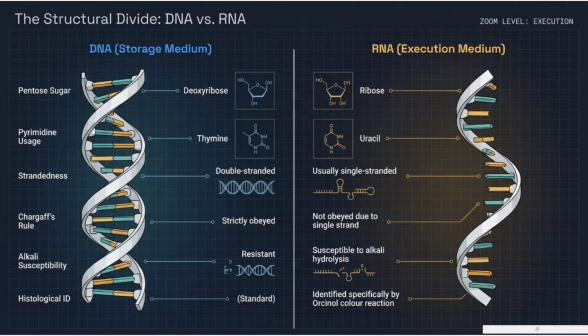Chargaff's rule is strictly obeyed in DNA, while it's not always obeyed in RNA. DNA is resistant to alkali because it lacks the hydroxyl group, while RNA is susceptible because of the presence of the hydroxyl group. The orcinol color reaction can be used to identify RNA, and this does not happen with DNA.